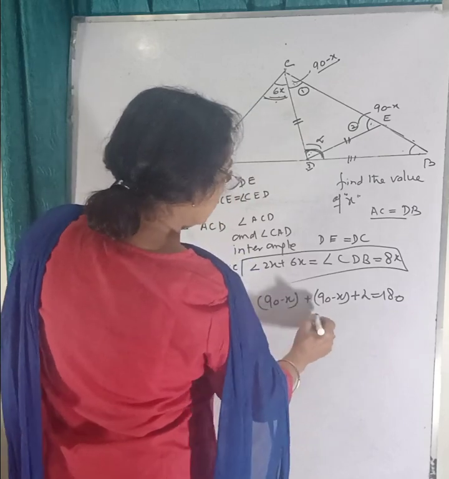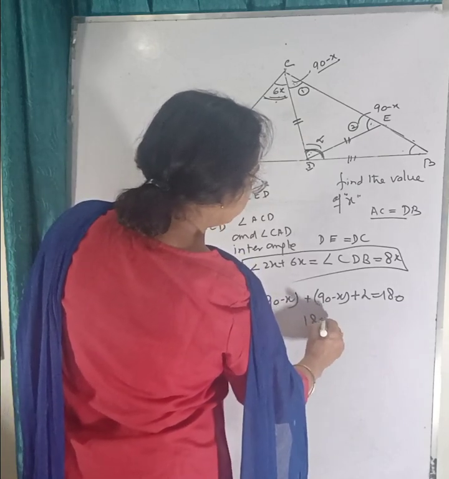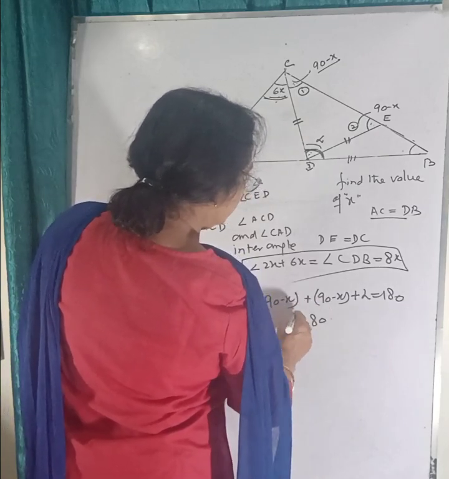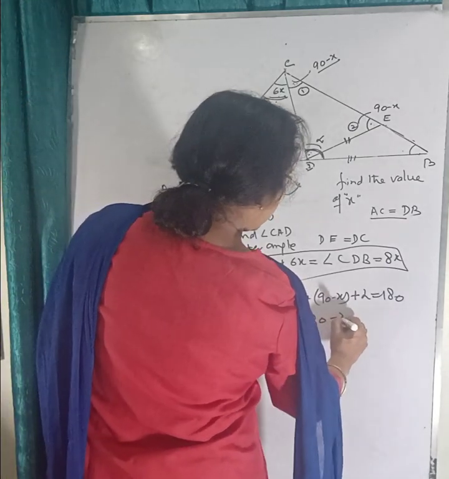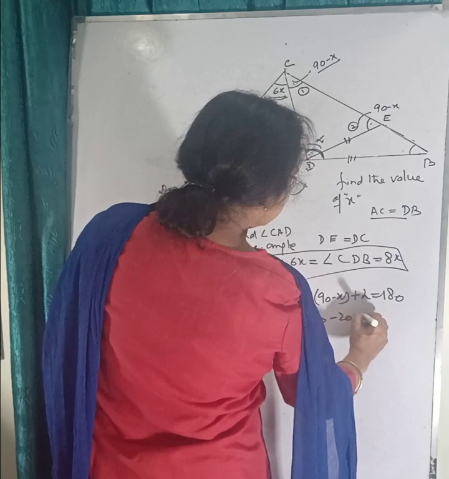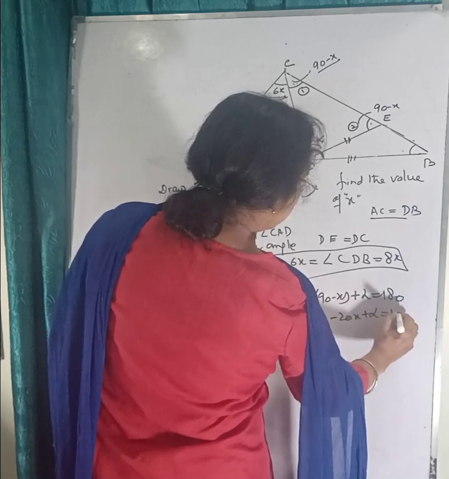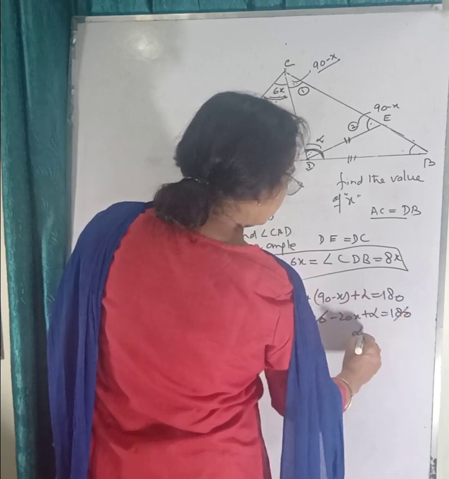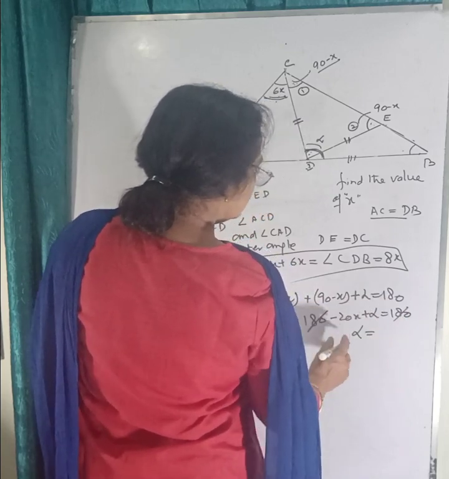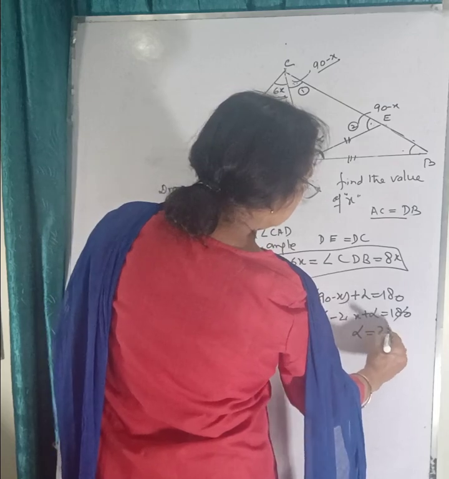It means 180 minus 2x plus alpha is equal to 180. 180 we cancel, it means alpha is equal to 2x. Alpha is equal to 2x.